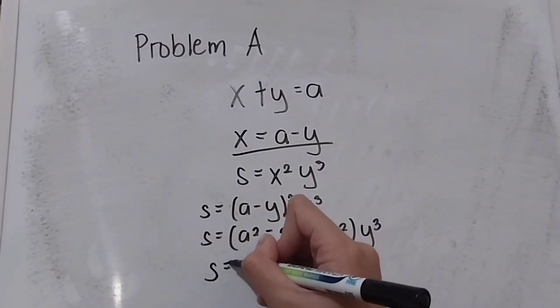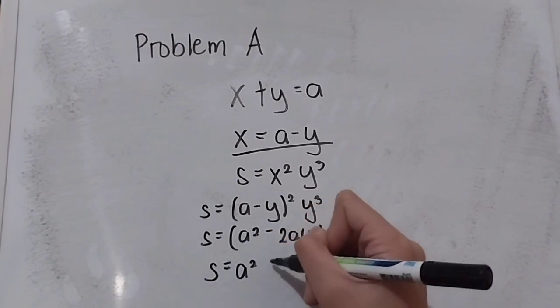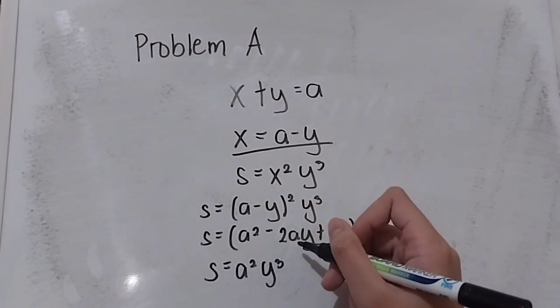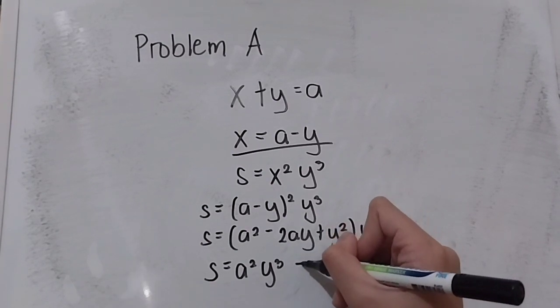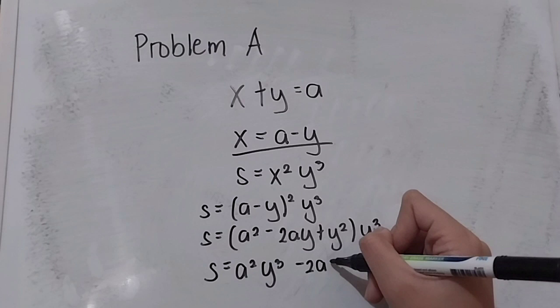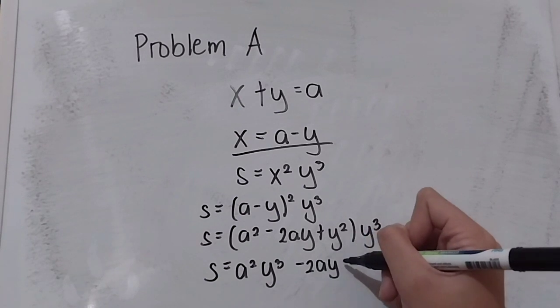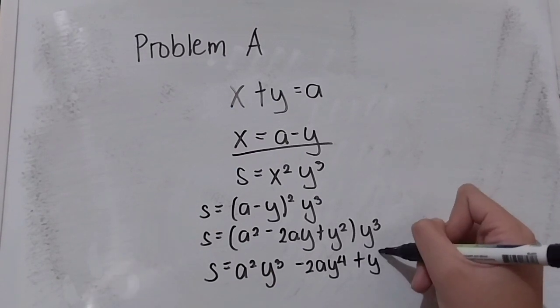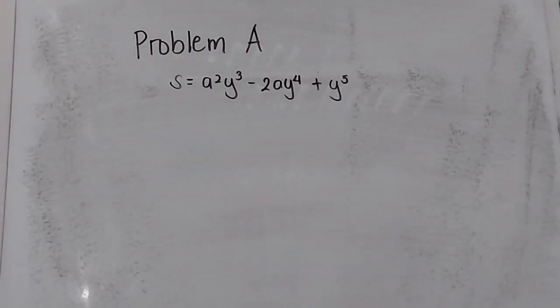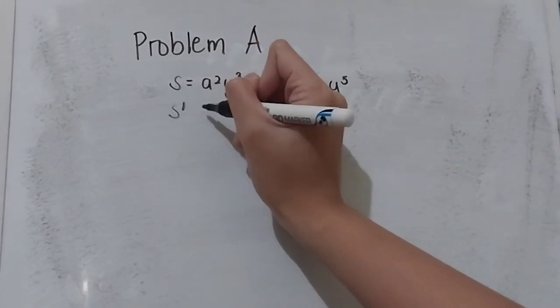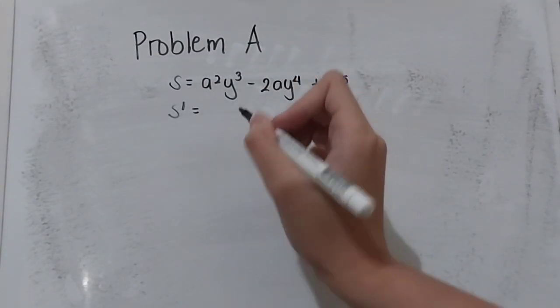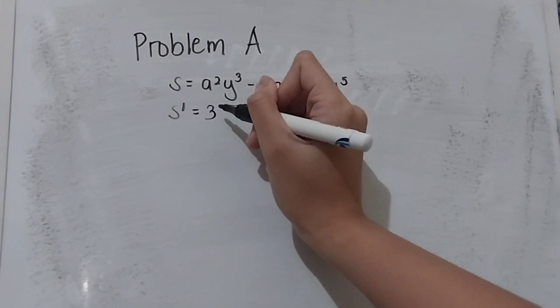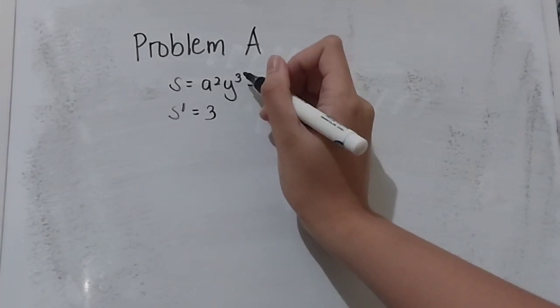Simplify, S equals A squared y cubed minus 2a y raised to 4 plus y raised to 5. For our next step, we will now differentiate S. So it will now become S prime is equal to 3 times the derivative of y cubed.